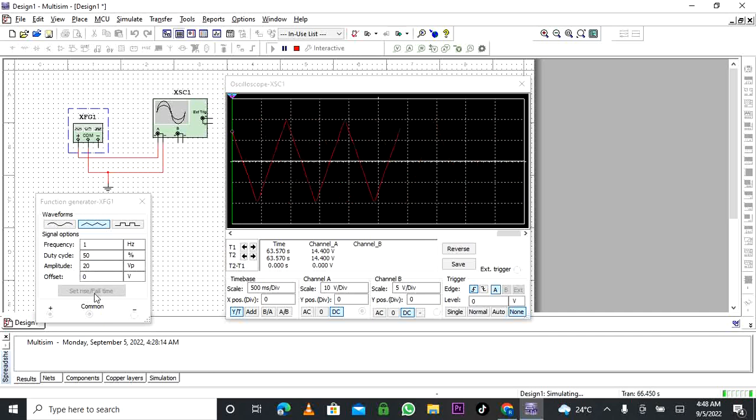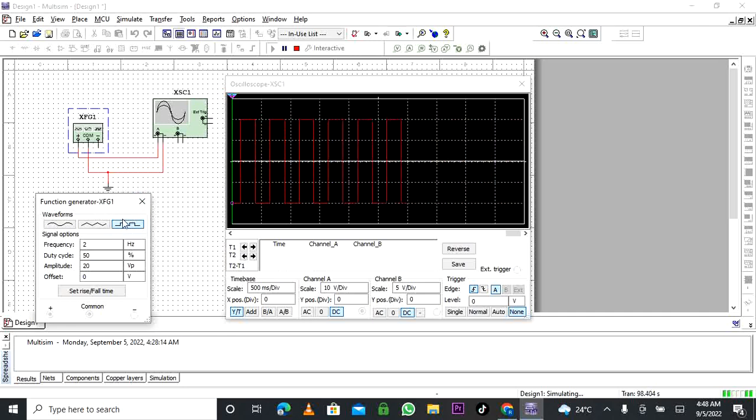So rise and fall time just means how long does it take to go from this low point here to the high point.